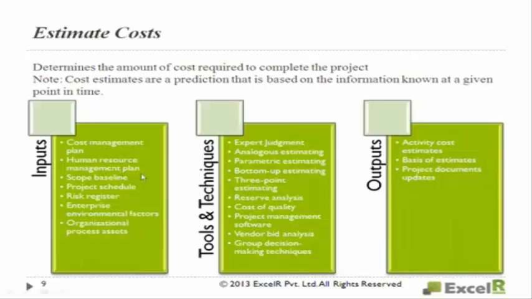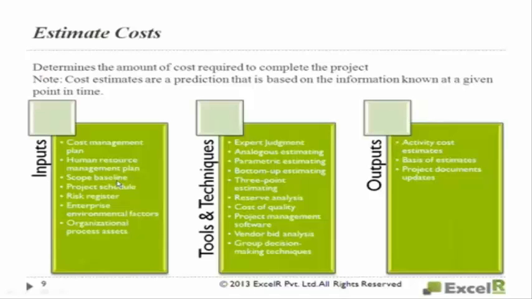So human resource management plan. You need scope baseline, because scope baseline typically contains the work you are going to do in the project. Scope baseline contains project scope statement, WBS dictionary. The project scope statement will have various information like the constraints, availability of skilled resources, all this information, what constraints you have in the project.